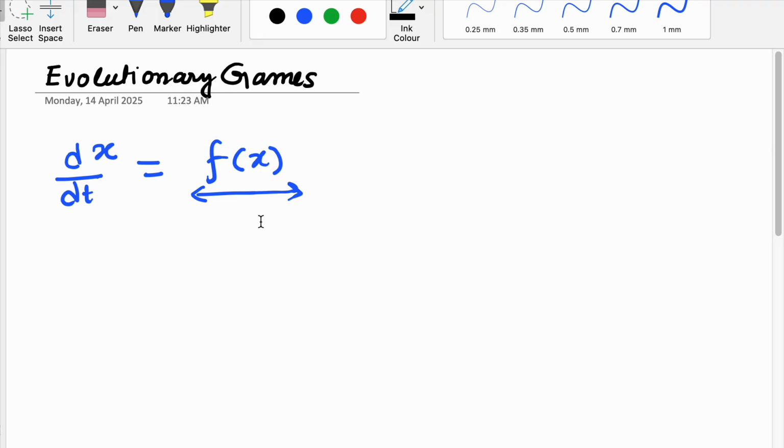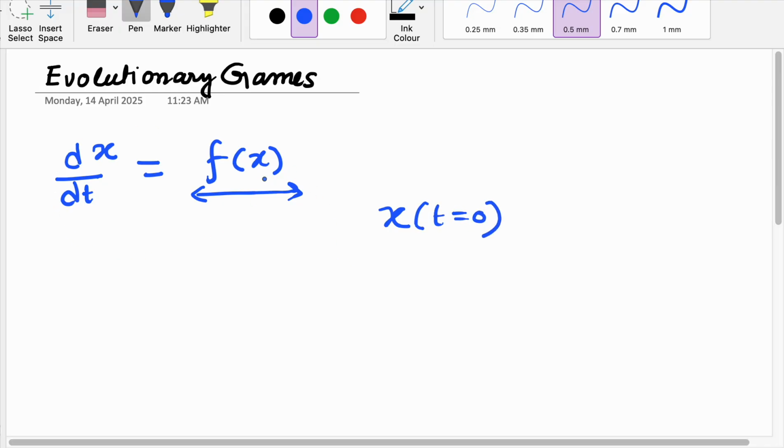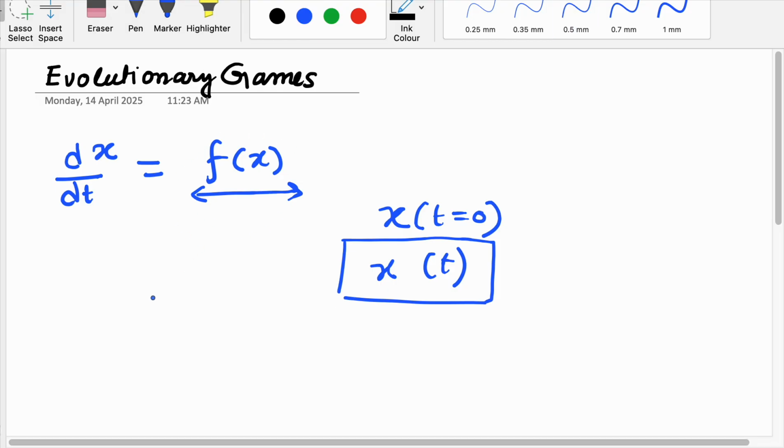If I know the state at t equal to 0, could I tell where the system will go at any time t? This is our goal. But for nonlinear equations, a closed-form solution of x(t) is not possible for all equations.